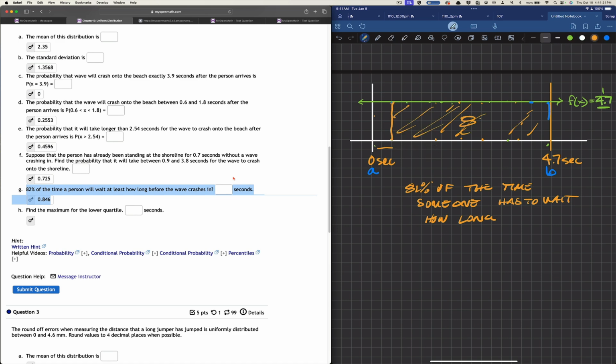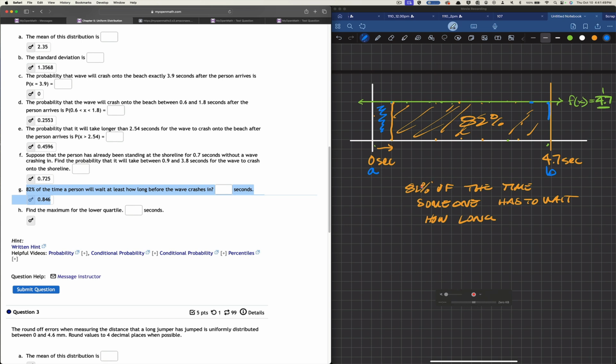This is 82% of the people waiting this amount of time, this blue amount of time, before they hear a wave. 82% of the occurrences, the wave crashing, is happening after X amount of time goes by. And it's going to be a smaller amount of time, this 0.846, because they have to wait a shorter time for this larger percentage of people to get a wave.